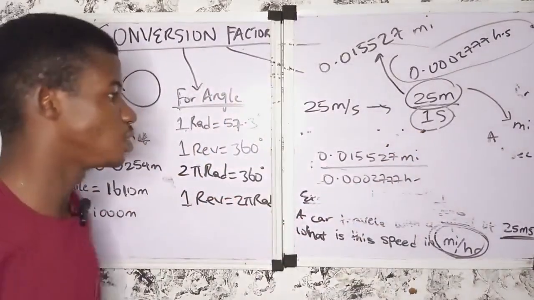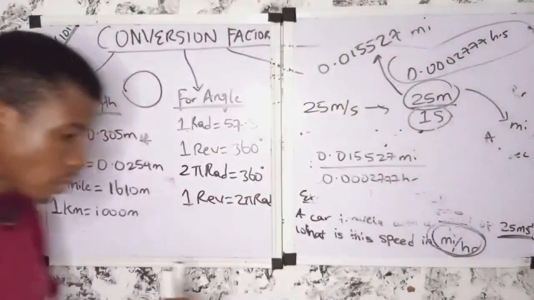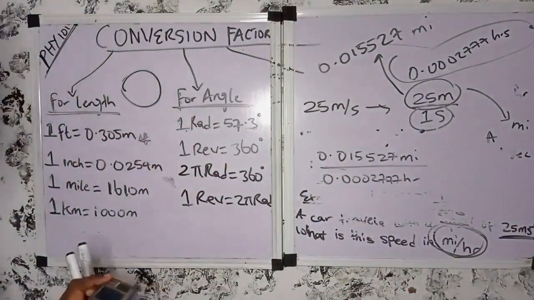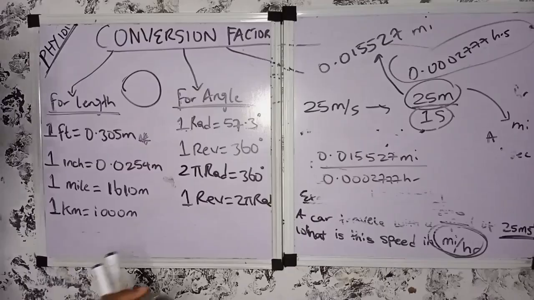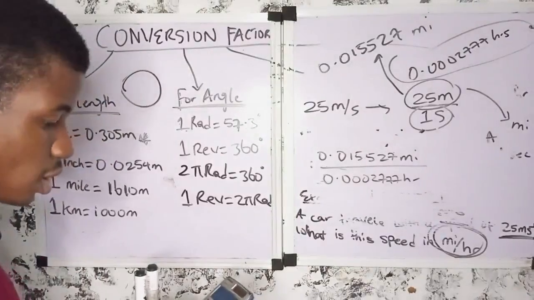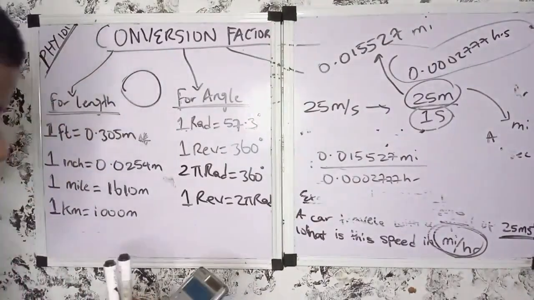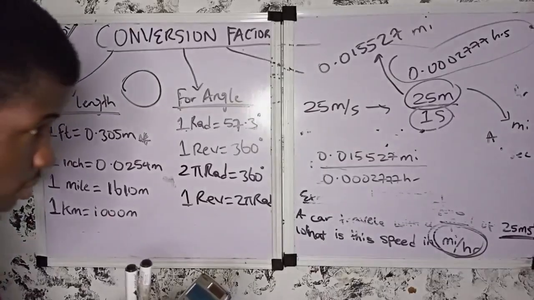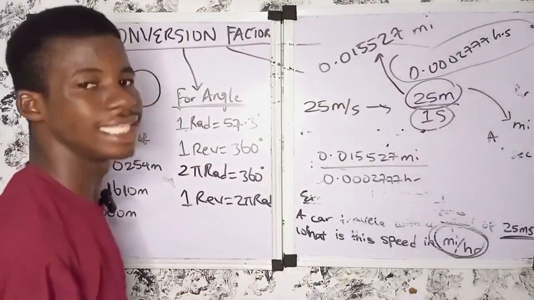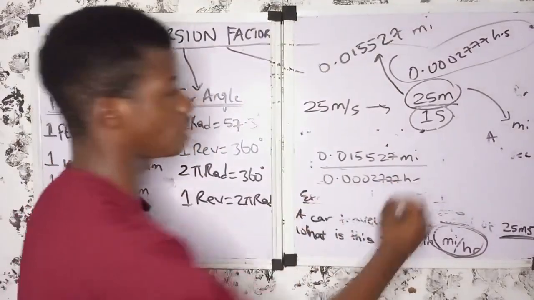Okay, so what are we going to do next? We just divide it and we'll get our final answer. So let's just divide it. 0.01557 divided by 0.002777, we arrive with 55.9. 55.9, which is the same thing as what?